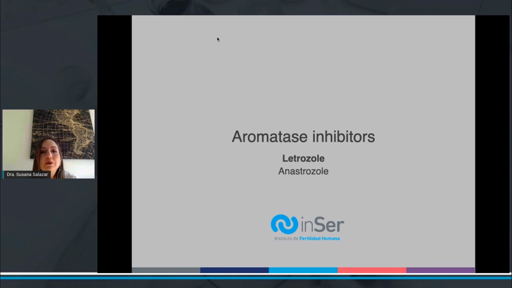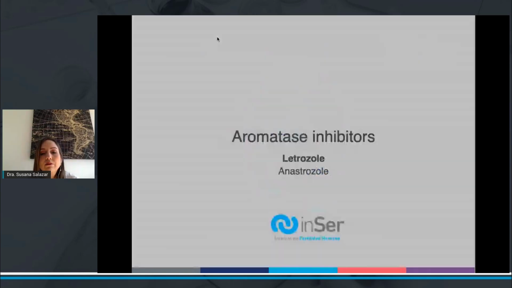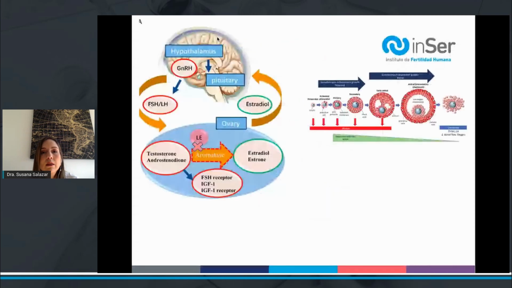So remember the pituitary ovarian axis in the follicular phase. Estradiol is produced by the ovarian granulosa cells and exerts a negative feedback effect on FSH release from the pituitary gland. Aromatase inhibitors prevent the conversion of androgens to estrogens.